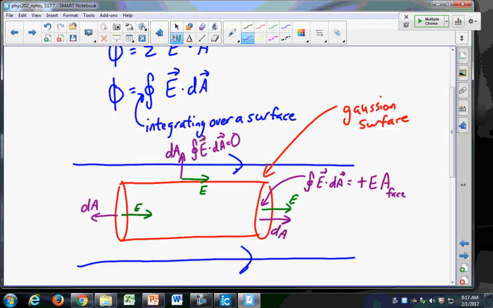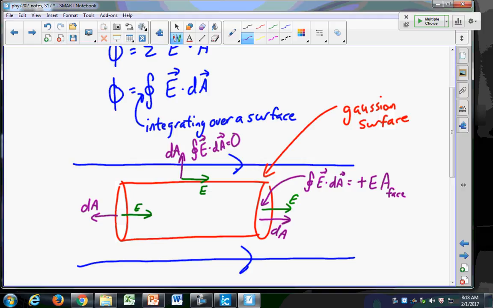What about over here? What is the integral of E dot dA going to be here? Not 0. Negative. Okay, yeah, it's going to have a negative. It'll be just like what we had over here, but it's going to be negative. Let's think back to work last semester. If I had a force in this direction, but a displacement in that direction, what type of work was that? Plus, minus, or 0 work?